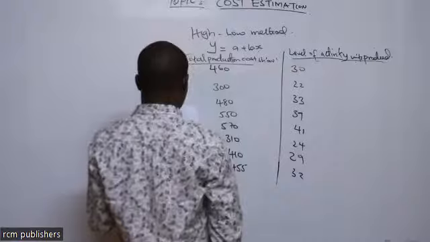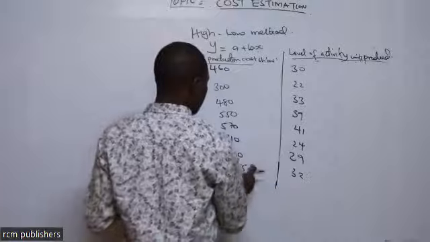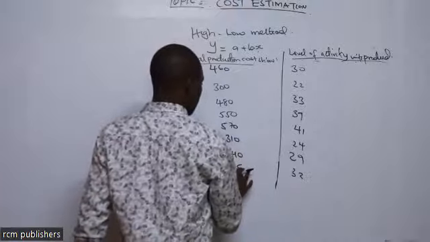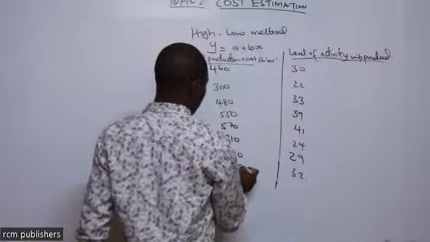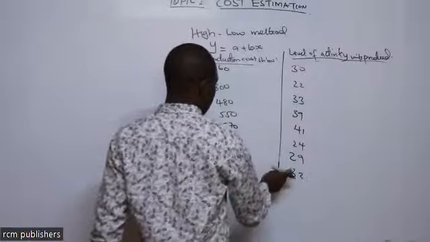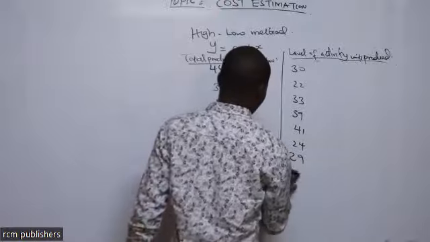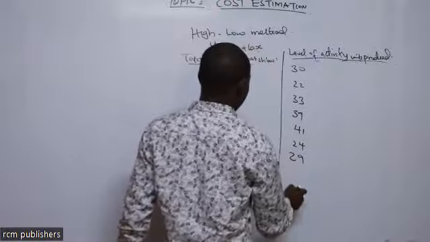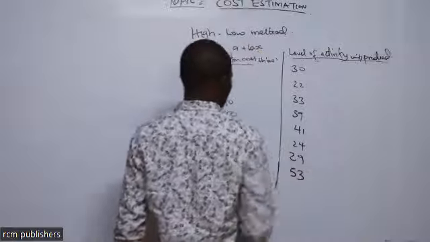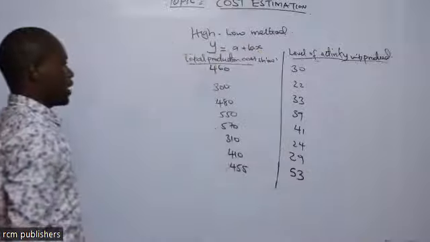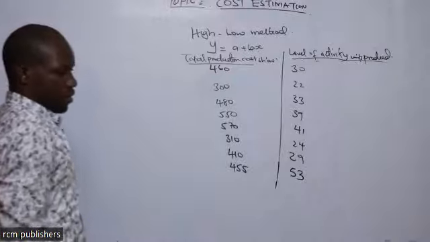Then we have, so let me just modify this to meet my interests, 455 against 53. Let's just have something of that kind. That is what is given.